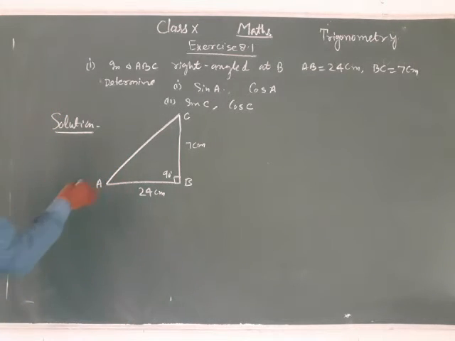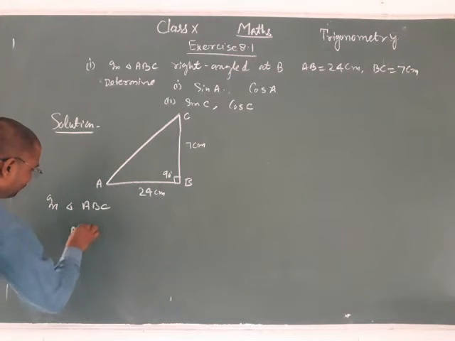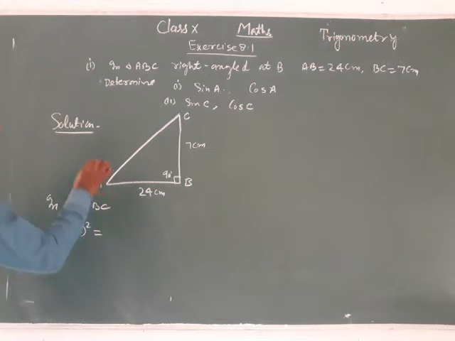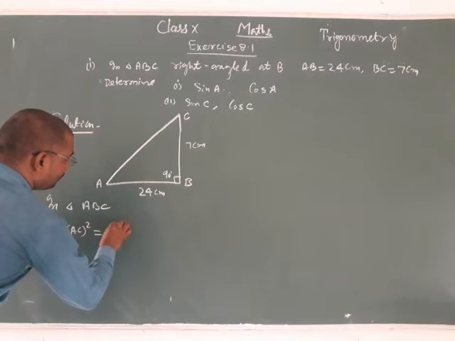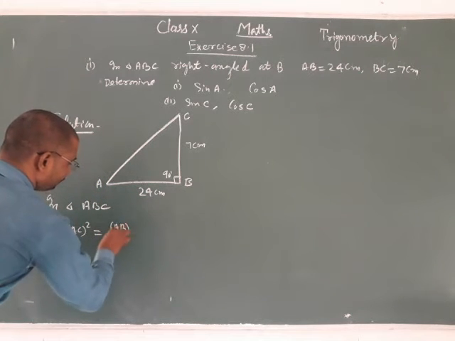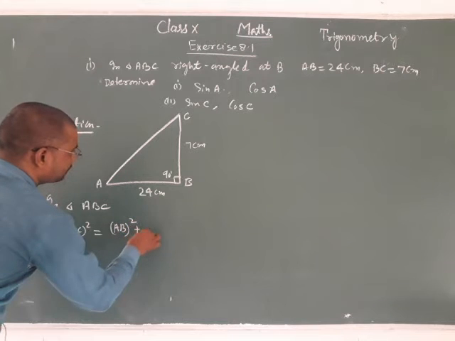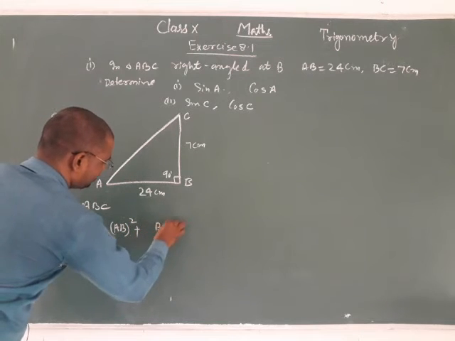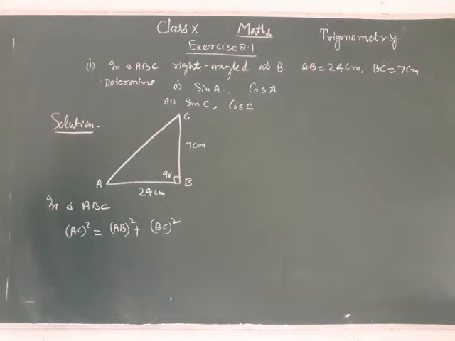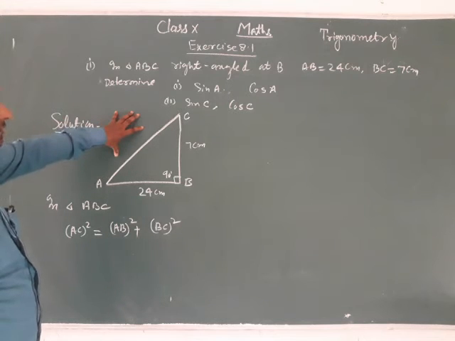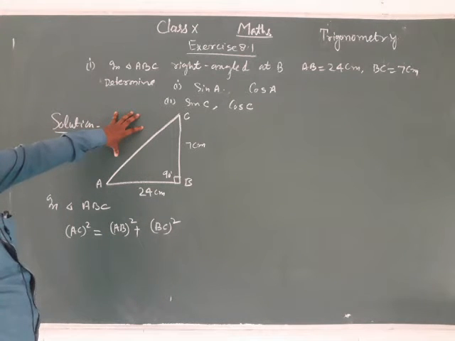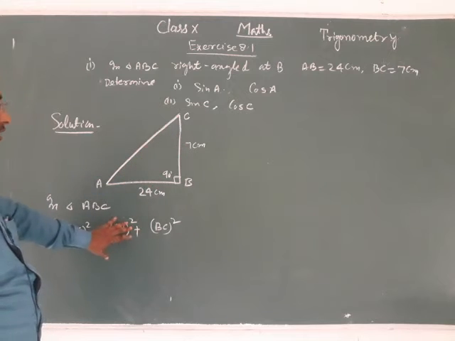By Pythagoras theorem in triangle ABC, square of AC is equal to square of AB plus square of BC. The square of the greater side is equal to the sum of squares of the other two sides.